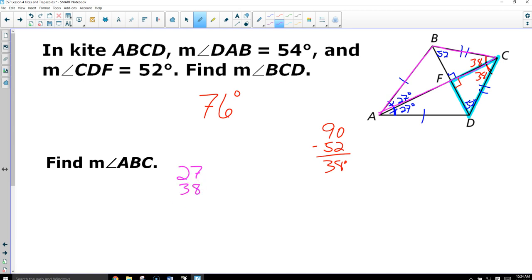I'm going to ignore the 52 because I want this entire angle here. I'm just going to add those together. That is 65 degrees. Take 180 minus 65 is 115 degrees. So that would be the measure of angle ABC.